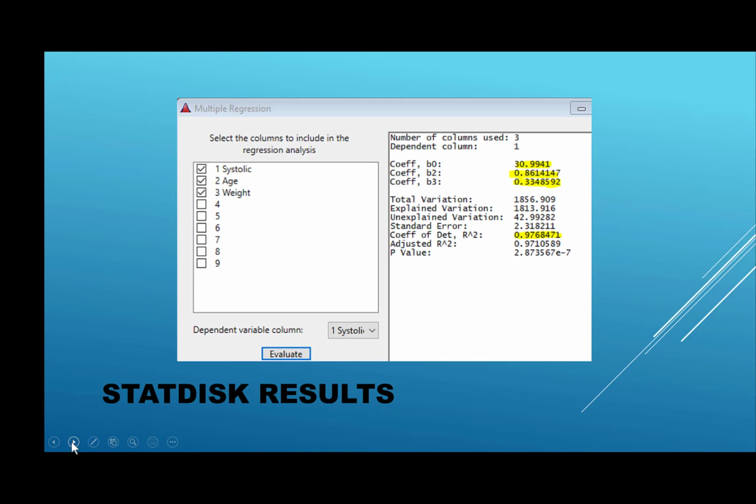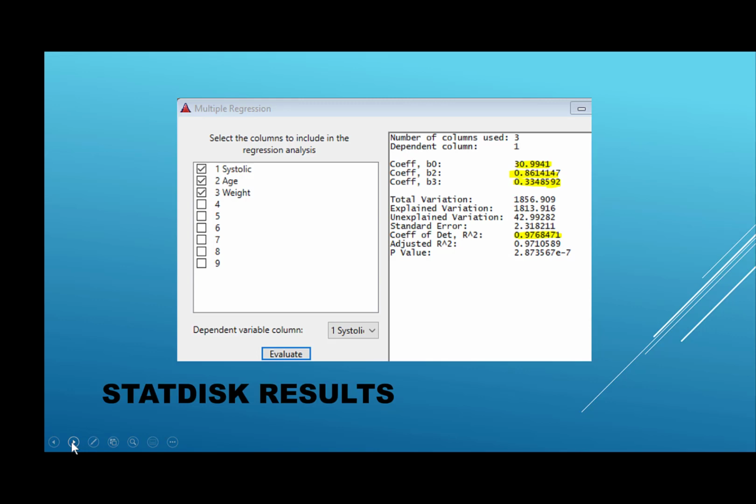So basically what Statdisk does is it just takes the menu that we had earlier where we allocated our columns with the data, and it adds the results. And there's a number of things that are given here, but you'll see that I've highlighted the things that are important to us. First of all, we have a coefficient B0, a coefficient B2, and a coefficient B3. Now, I'm sure you want to know, well, why is there not a B1 coefficient?